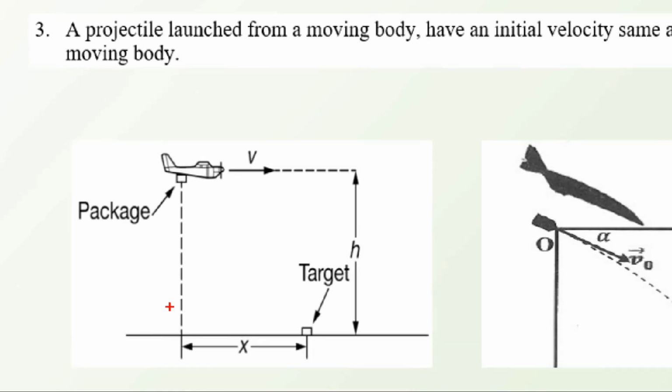Because the plane has a velocity vector v, which is horizontal, the package at the point of release will have a velocity which is like that, which means in this case the launch angle would be 0. So vy0 would be 0, and vx0 would be completely equal to v, which is the speed of the airplane.